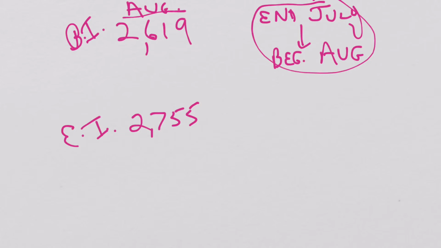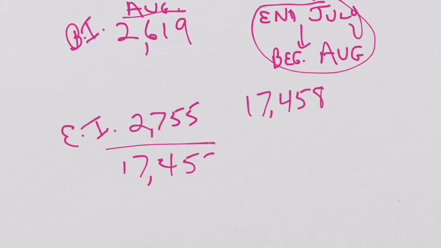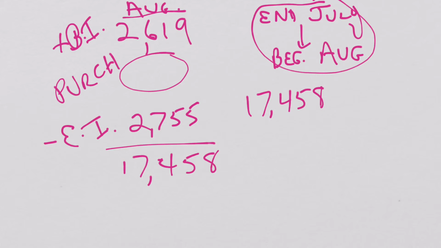Now, we know the production's got to equal 17,458. What that production means is it's got to come out of here like so. So the beginning plus whatever we purchase minus the ending inventory. Remember, it's plus, minus: whatever's purchased here minus the ending inventory has to equal the amount that gets produced.